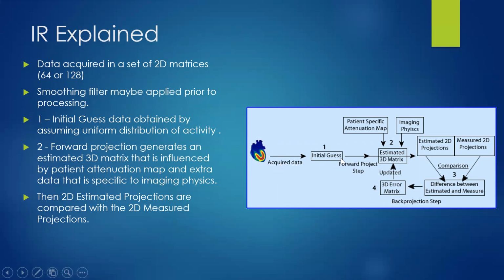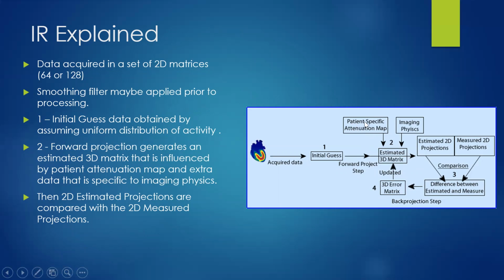The system is then going to do an initial guess estimation of what it's assessing. Again, we're starting now to work with the IR approach. It then takes this data and plops it into what's called an estimated 3D, the original estimated 3D assessment of what we're actually looking at.